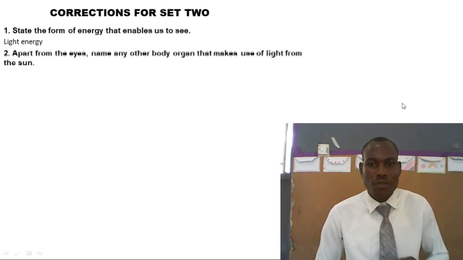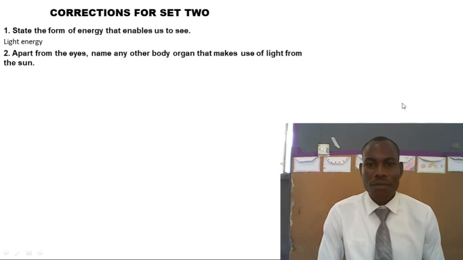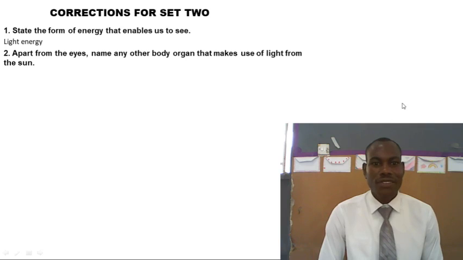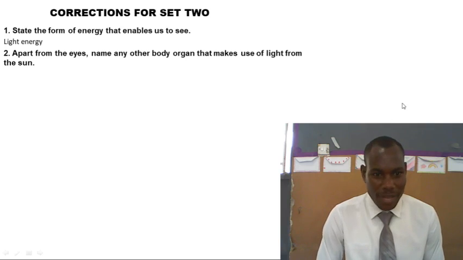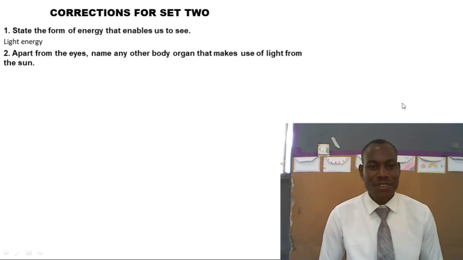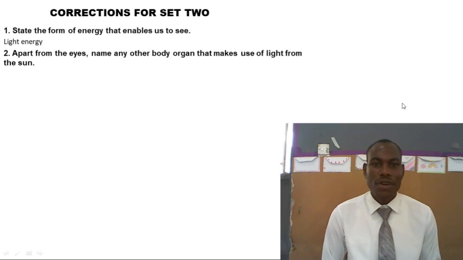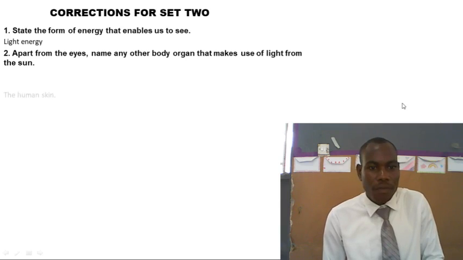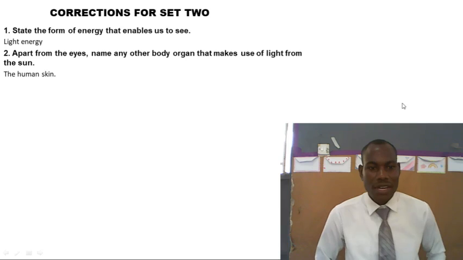Our second question was, apart from the eyes, name any other body organ that makes use of light from the sun. Remember, the sun is the main natural source of light energy here on Earth. Which other body organ makes use of that light? You were supposed to write the human skin.